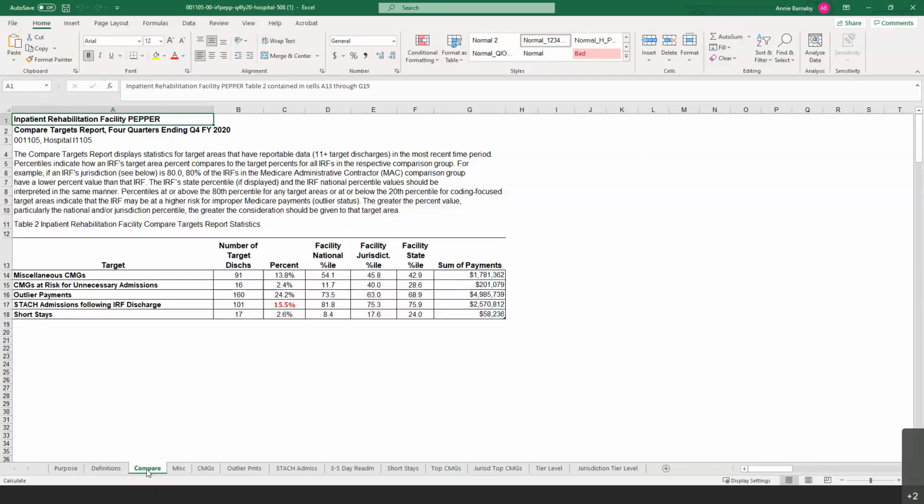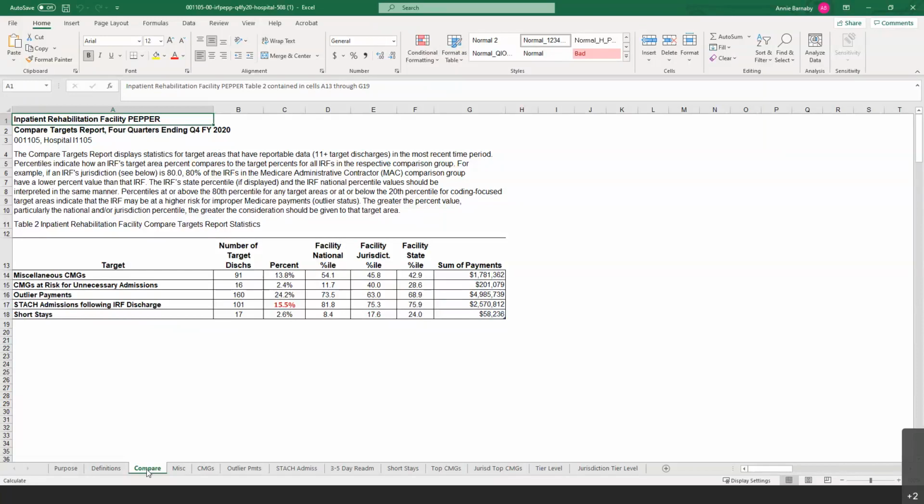That's the minimum target area discharges, so that would be, again, in the numerator. That's the minimum that we've set for the most recent time period. So that's just something to keep in mind when we're looking at the Compare tab and also when we're looking at these other tabs that represent each target area.